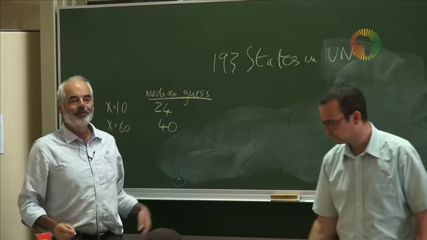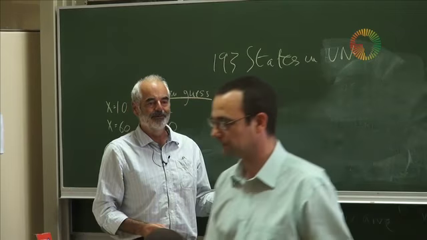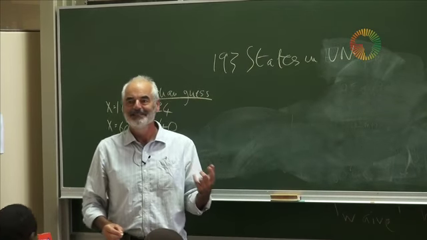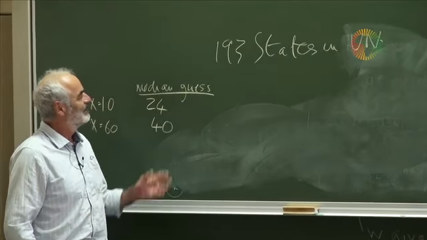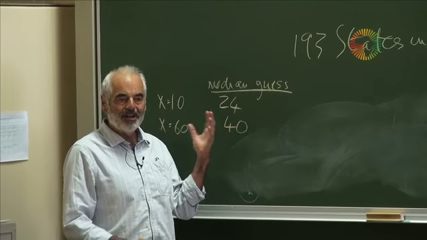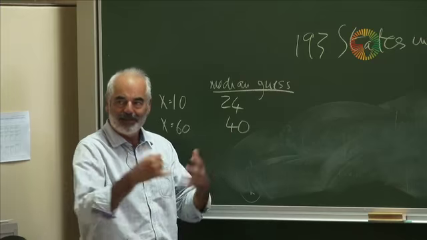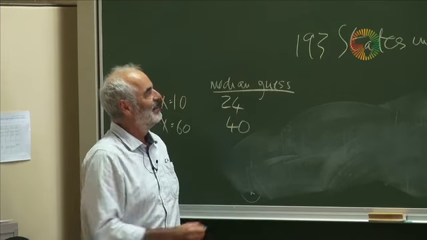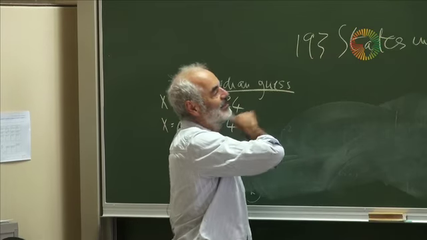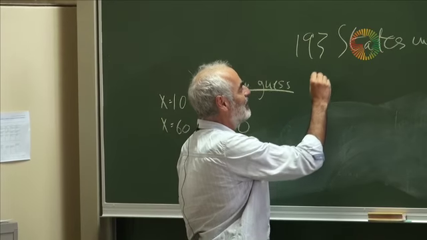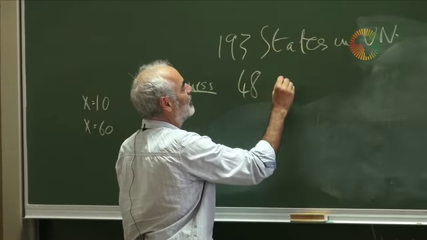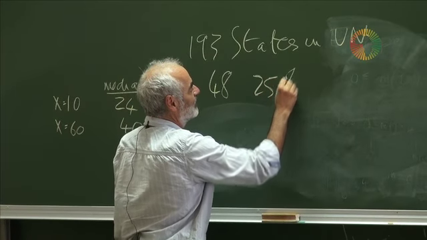Okay, so remember we talked about the wisdom of crowds? If you're a wise crowd, then on average you should get the right answer. So in fact, how many states are in Europe? The correct answer is 48, which is 25%.